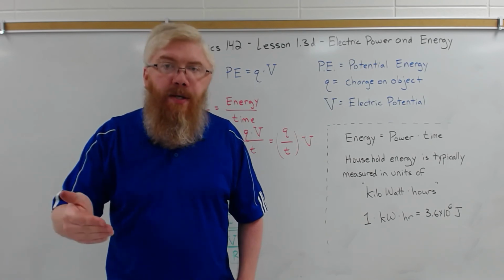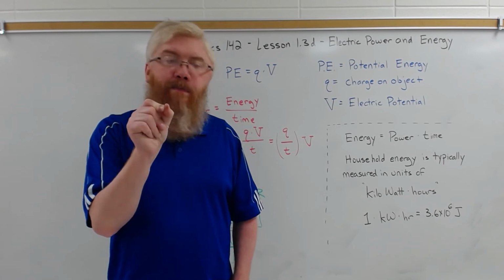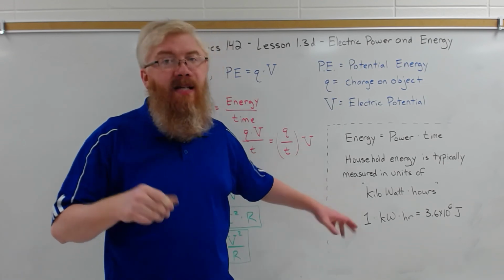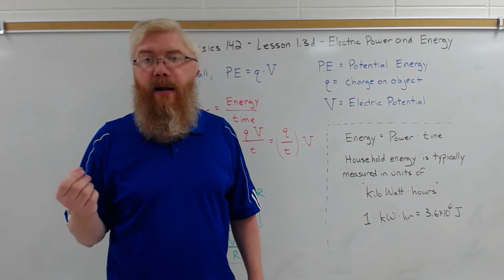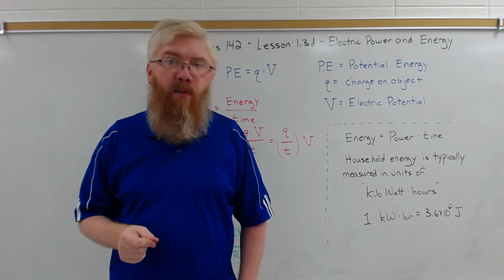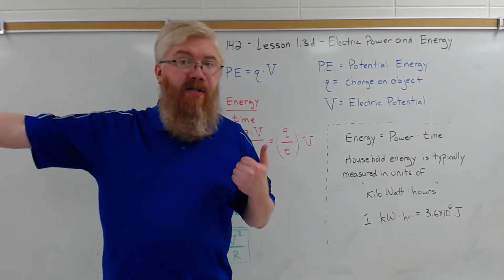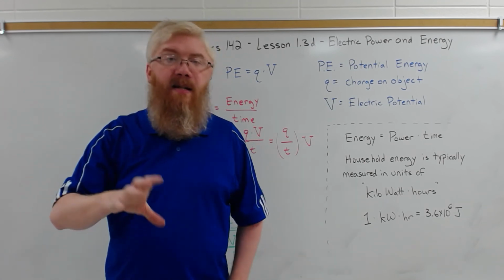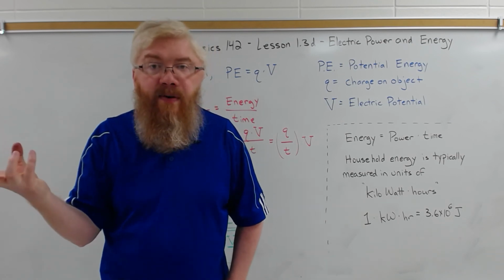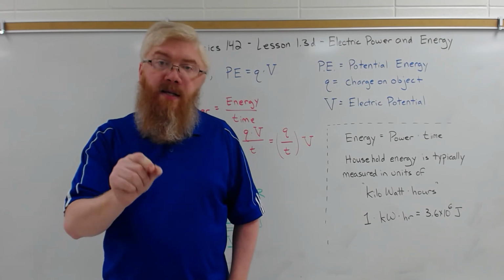That's 1 kilowatt hour. So look at what your bill is per kilowatt hour. Let's say it's 15 cents per kilowatt hour. That means it costs 15 cents every night you leave that light bulb on. So if you leave the light bulb on for 365 days, 15 cents times 365 gives you an idea of how much it would cost you to run that single light bulb for a year.